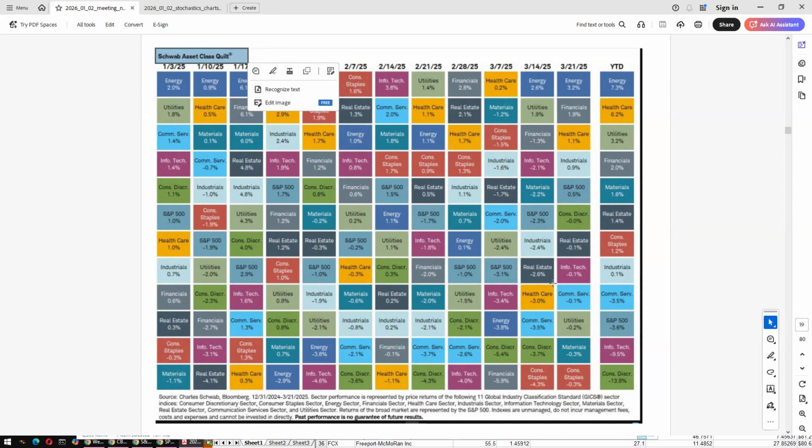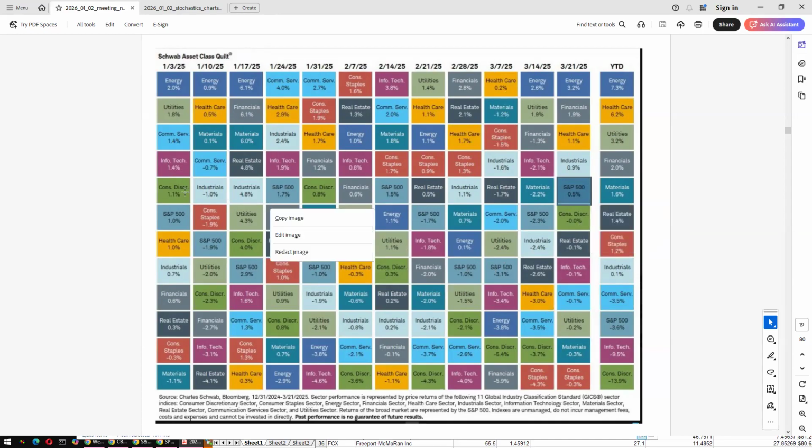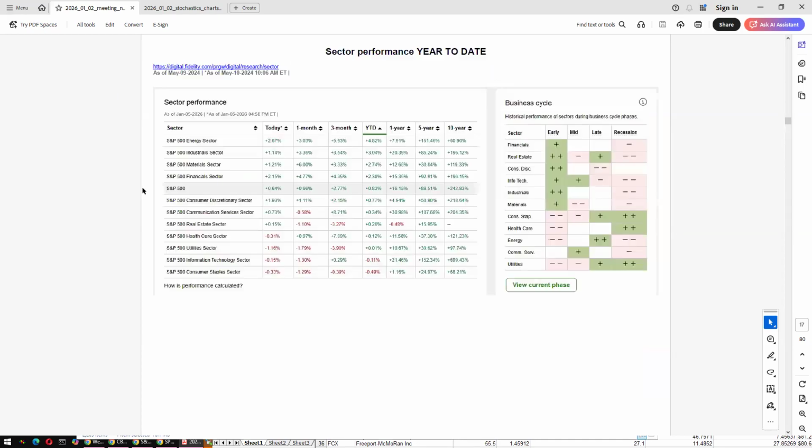And you can see that real estate might do good one year, and then the S&P 500 might outperform the next year. This is the reason why you have to have a diversified portfolio, so that whenever one sector goes down, another sector would pick up and do better that year.